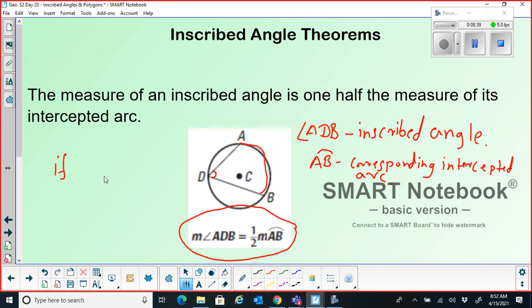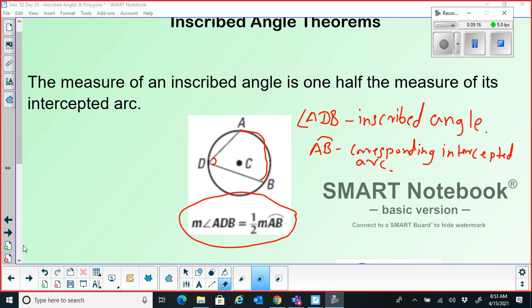Assume that this angle is 40 degrees, then arc AB should be 40 times 2, that is 80 degrees. Or you can say the inscribed angle is half of the arc. Supposing they give you the arc as 100, you can say the angle is going to be 50. Either way. Just note this down for 30 seconds, then we will move on to the next slide.